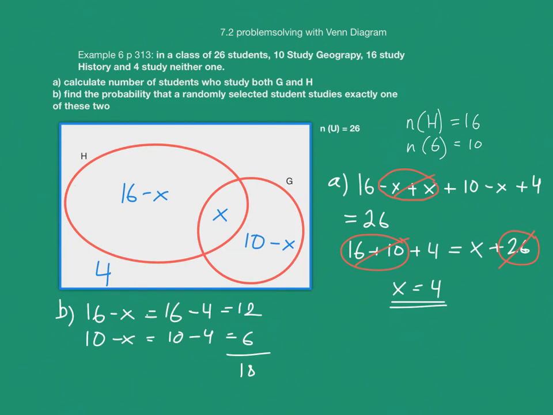And what have we seen about probabilities before? We know that the probability of an event, so let's call this one geography or history, but not both. So the probability of that is going to be the number of students who fulfill this criteria. So that's 18. And we divide that by the number of students in the universal set, 26.